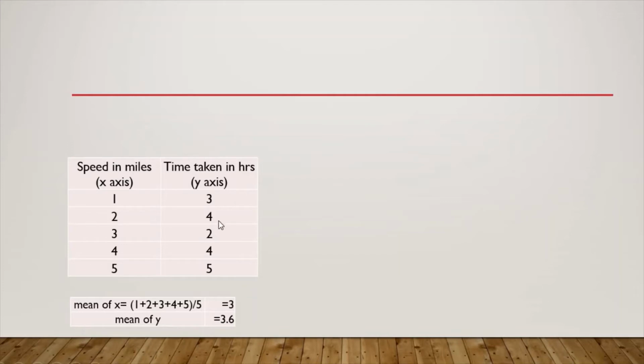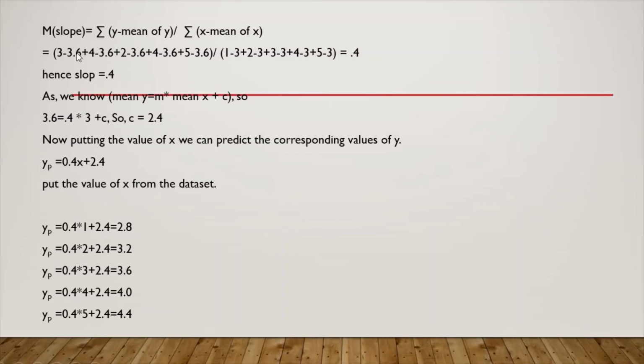So we will do 3 minus 3.6, 4 minus 3.6, 2 minus 3.6, and so on, to get this particular term. In the same way we will calculate this term, x minus mean of x.